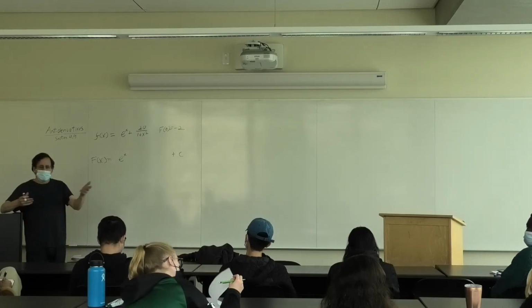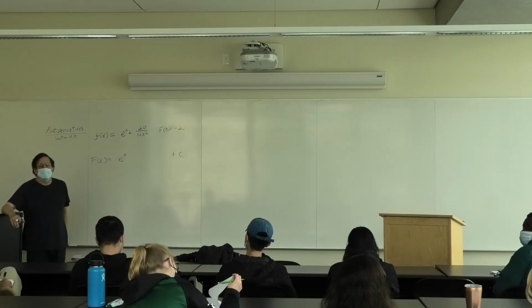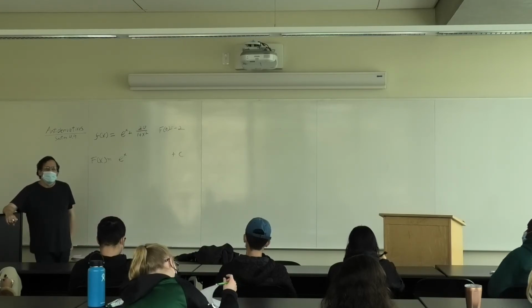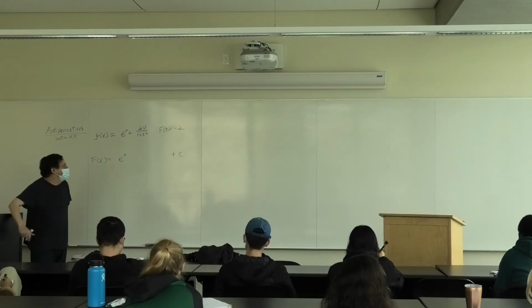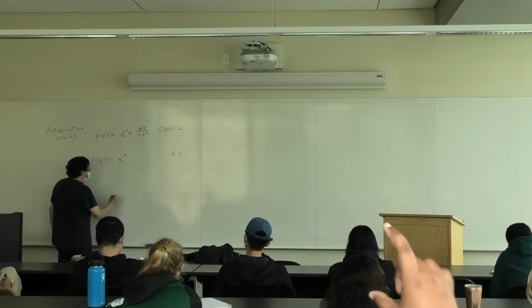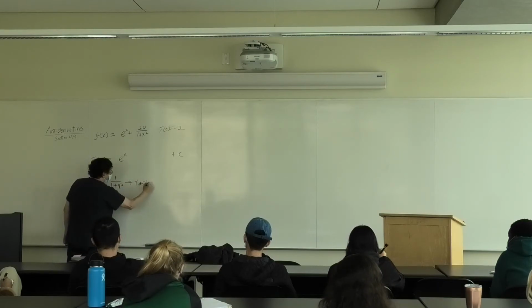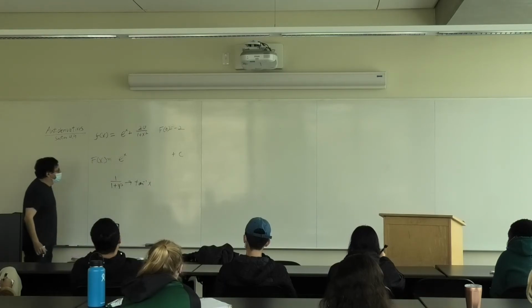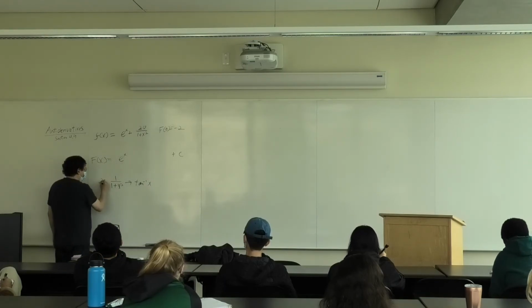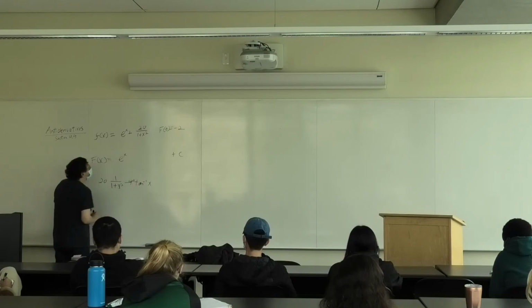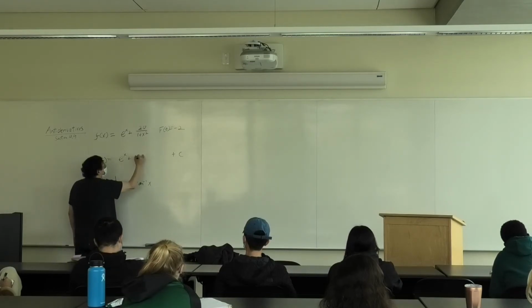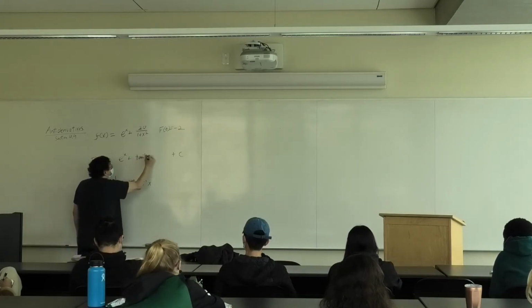Essentially 1 over 1 plus x squared is tan to the negative 1 of x. And so just move the 20. Okay, plus 20 tan inverse x.